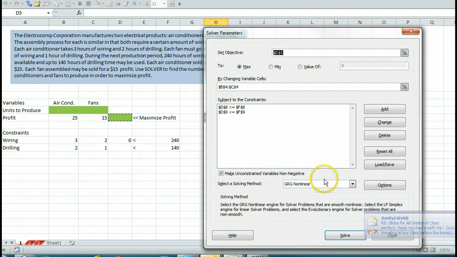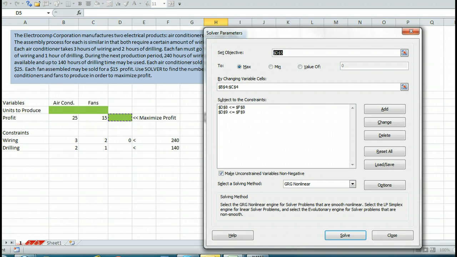So look here now. We've got our Solver window again, where we've added the two constraints. On this first problem, you should have these two constraints here. We were basically saying we're going to set the objective as profit. We want to maximize it by changing the number of units, subject to these particular constraints.